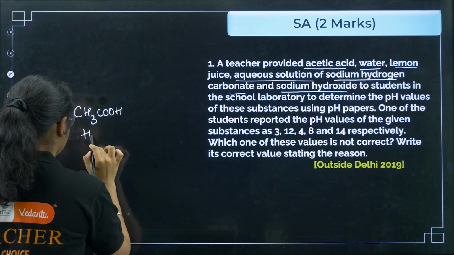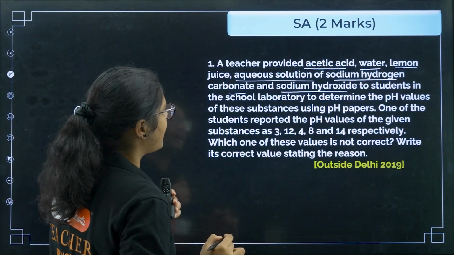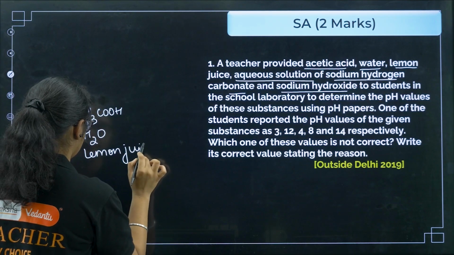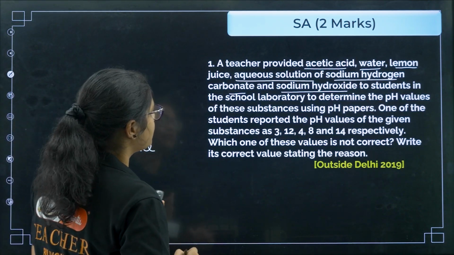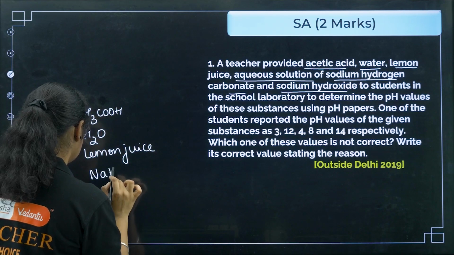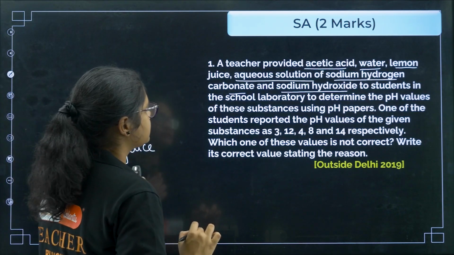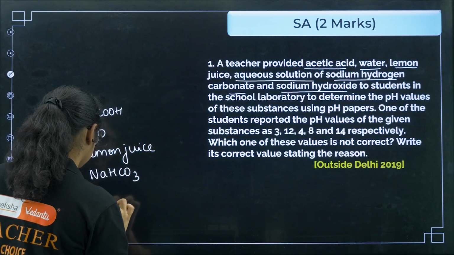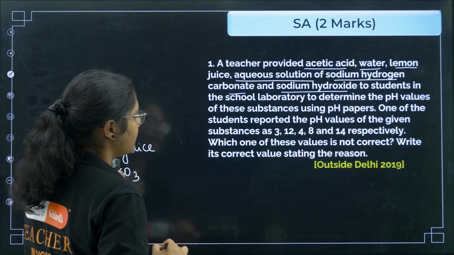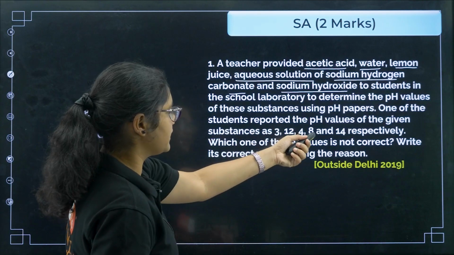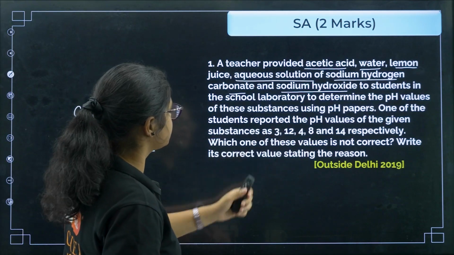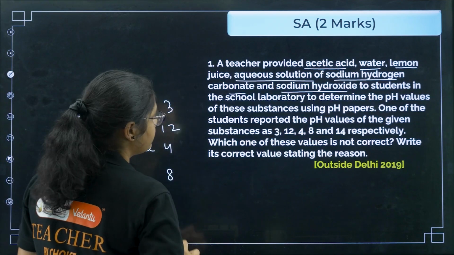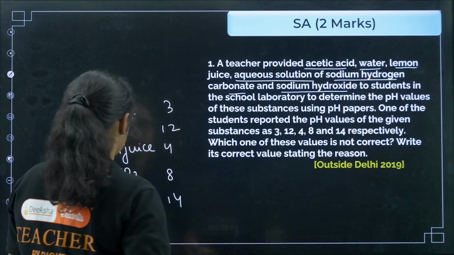Then you have water, then you have lemon juice, then you have sodium hydrogen carbonate. Next we have sodium hydroxide. And one of the students reported the pH values of the given substances as 3, 12, 4, 8 and 14.